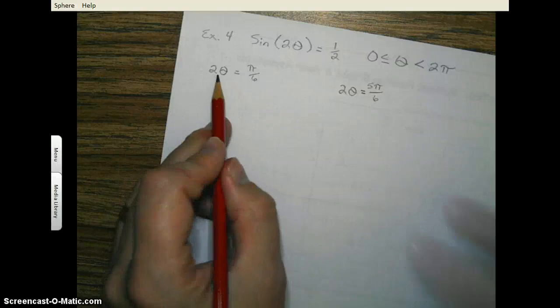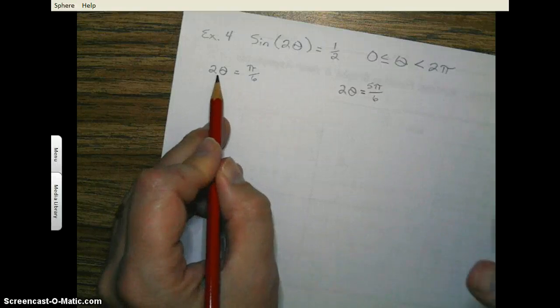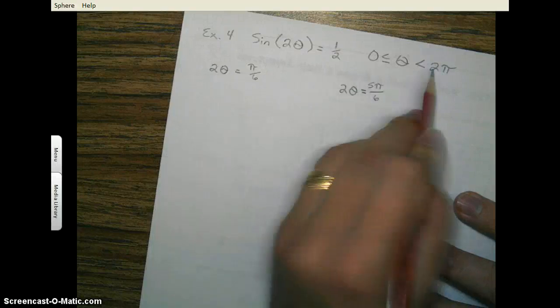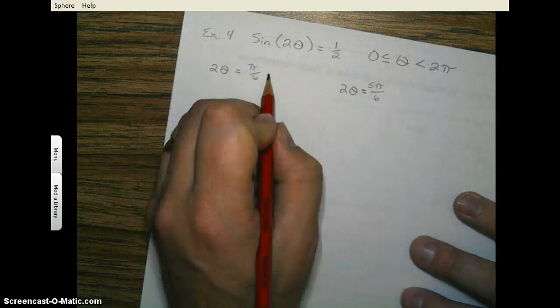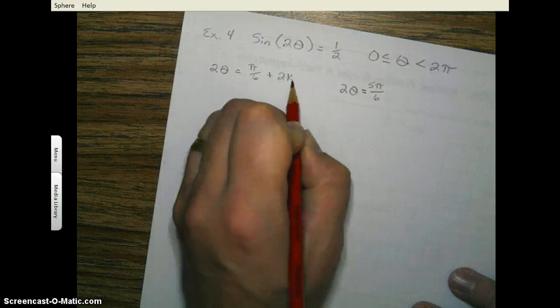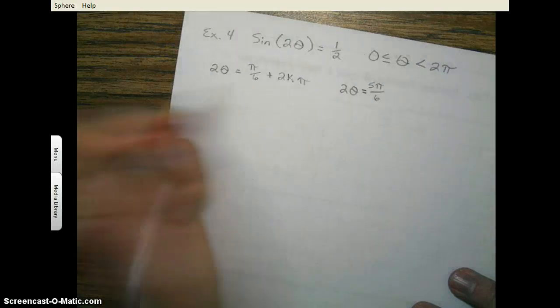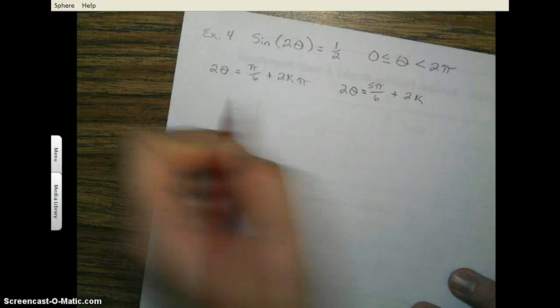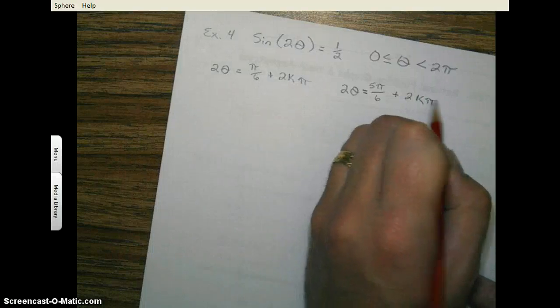And to make sure that we get all the angles that qualify, we're going to write it using the general form. Even though we're restricted here, we're going to go ahead and write it using the general form, plus 2k pi. Otherwise, we might end up missing some of the solutions.